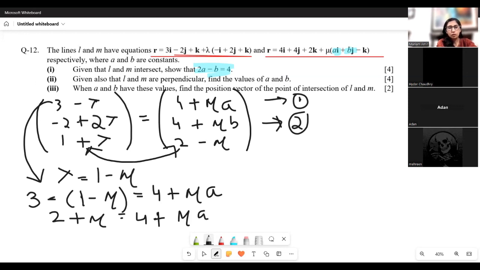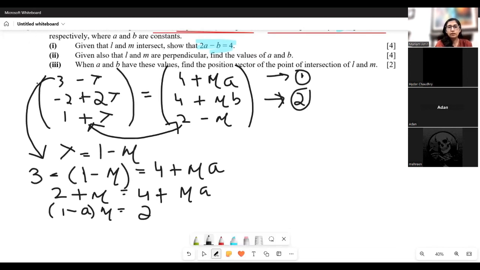So I have now 2 on the left hand side. On the right hand side, I'm going to move both my mu terms and I'll get 1 minus a inside the bracket. I've skipped a step and now I can make mu the subject. So in the first equation, I've managed to make mu the subject.